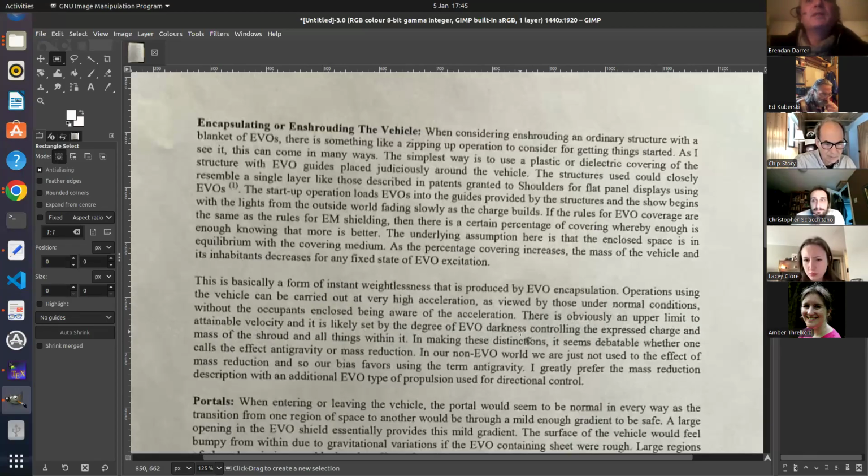In making these distinctions, it seems debatable whether one calls the effect anti-gravity or mass reduction. In our non-EVO world, we are just not used to the effect of mass reduction, and so our bias favors using the term anti-gravity. I greatly prefer the mass reduction description with an additional EVO type of propulsion used for directional control.